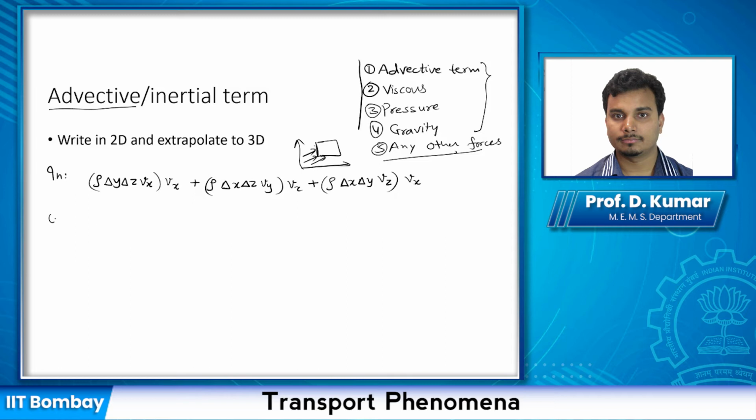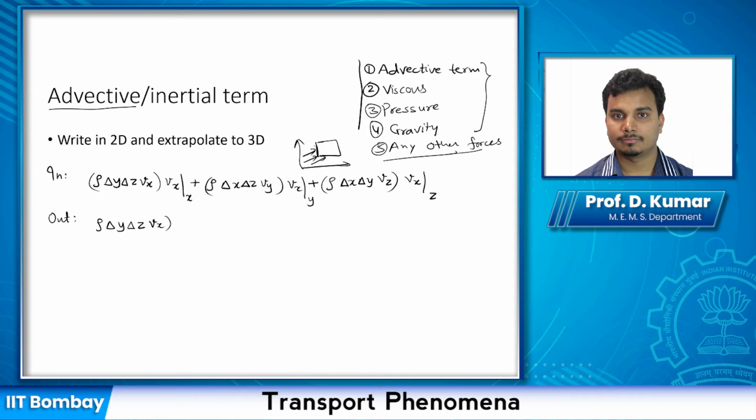Okay. So similarly you can write an out term. So the out term again will be all these things we talked about at x, and so on, right? So we talked about y and we talked about z. Similarly, you can write the same thing on the other side of it.